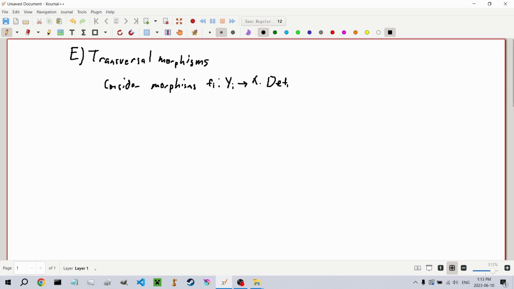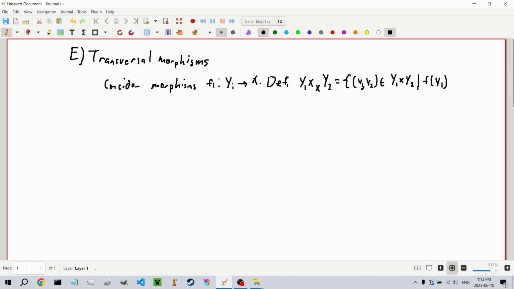And now we define y1 times the x product of y2 to be the set of pairs in the Cartesian product of the domains of the functions whose images match up.